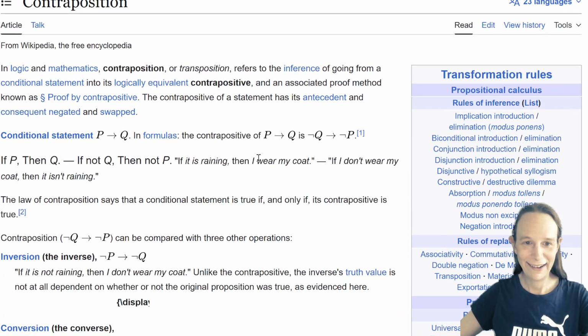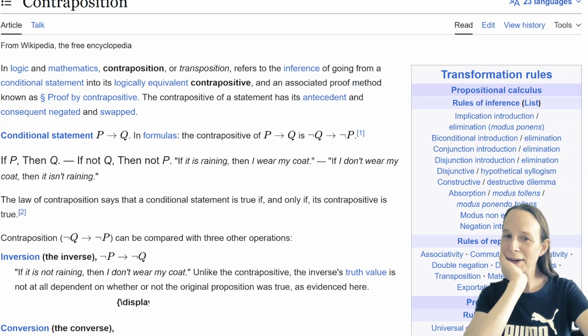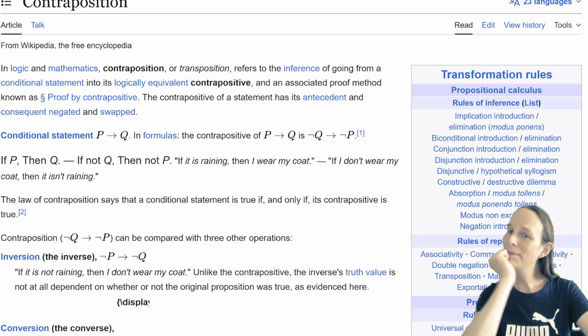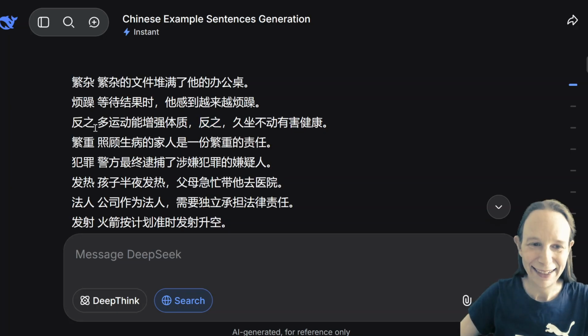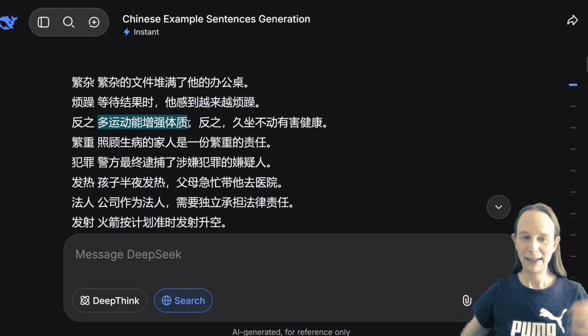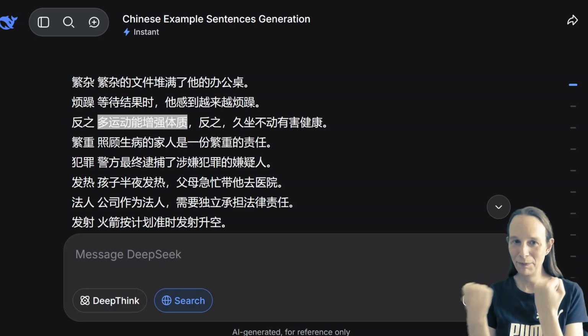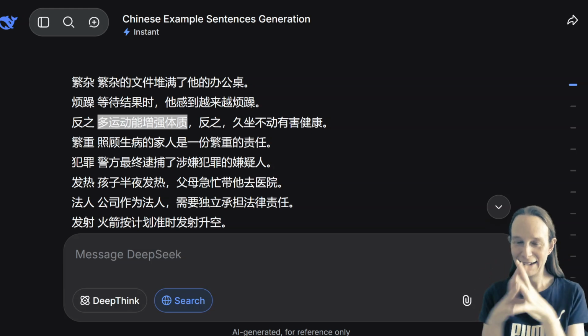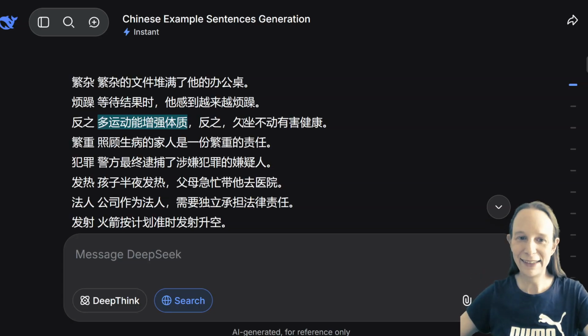So I want to, so it's P implies Q and, not Q. How do I explain it? So exercising leads to better health, and not exercising leads to worse health. No, it's not the contrapositive.